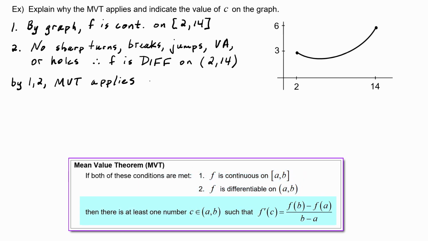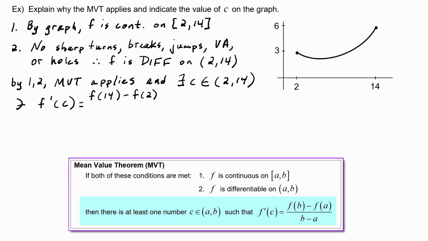And that means there exists c on the open interval from 2 to 14 such that f prime of c has to equal f at the endpoint, which is 14, minus f at the starting point, which is 2, over 14 minus 2.